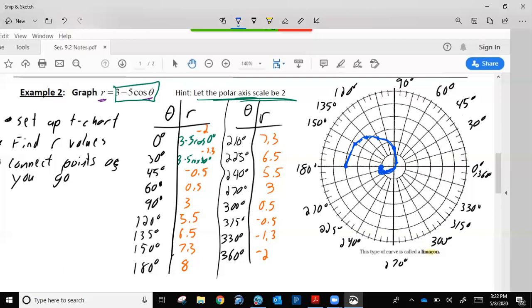From there, 210. 210 is 7.3, so not quite to that fourth ring. Connecting as I go. 225 is a 6.5. 240 is 5.3. So again, inside that third ring.